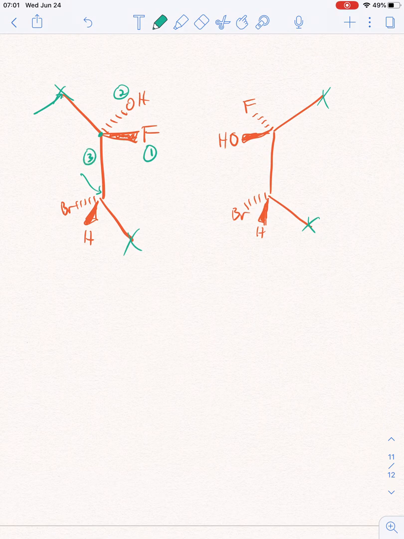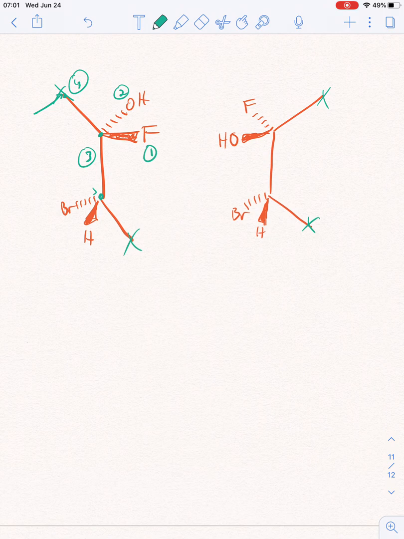This carbon is going to be 3, because when we get to these carbons, this one has 3 hydrogens and this one has a bromine, a carbon, and a hydrogen, and that automatically weighs more. When you do these enough, you should be able to just look at it and assign priority very quickly. And 4. Okay, so there's a couple shortcuts.